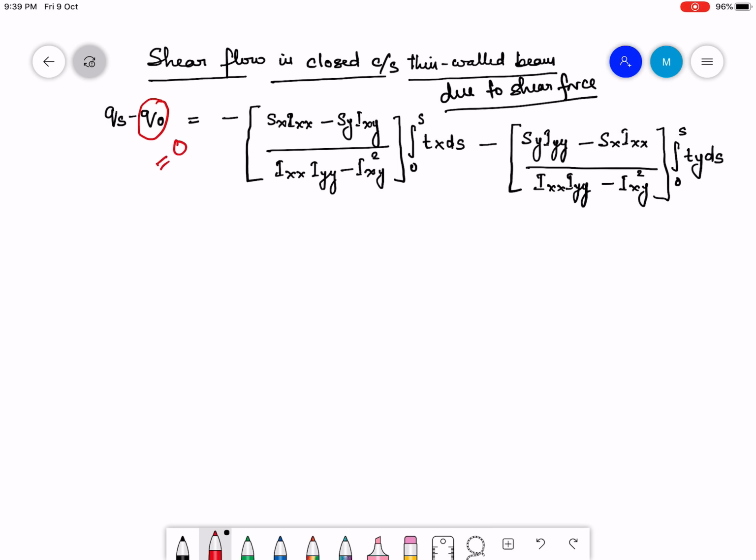There is no such free edge in a closed cross-section beam for which Q0 is equal to 0.